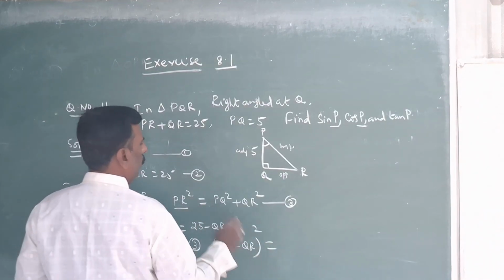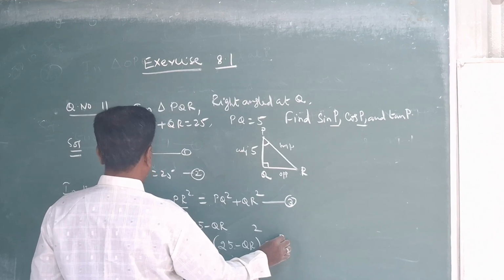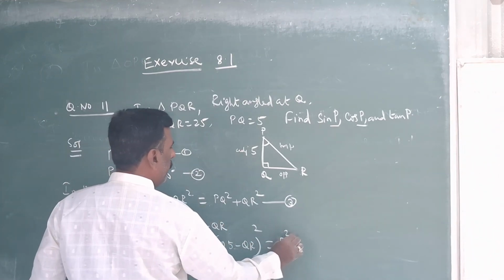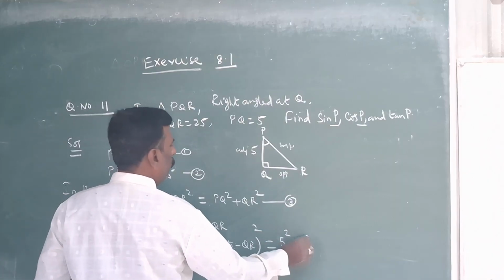equal to PQ squared. The value of PQ is 5, so 5 squared plus QR square.